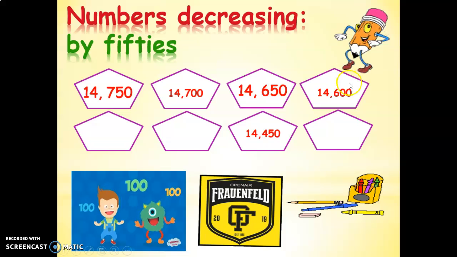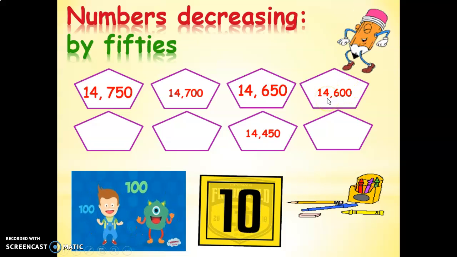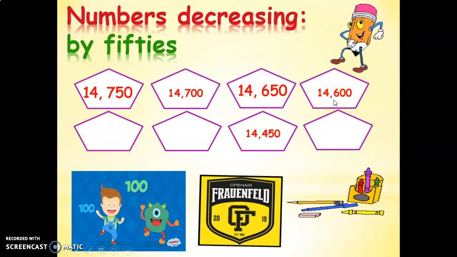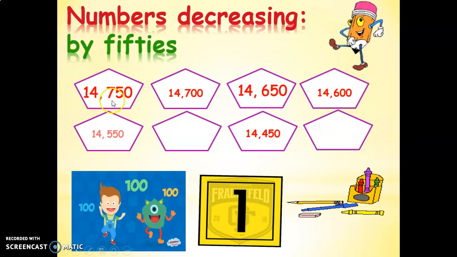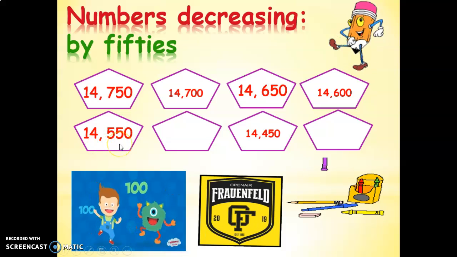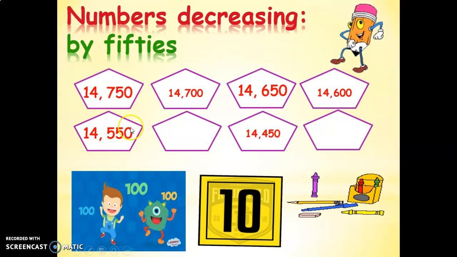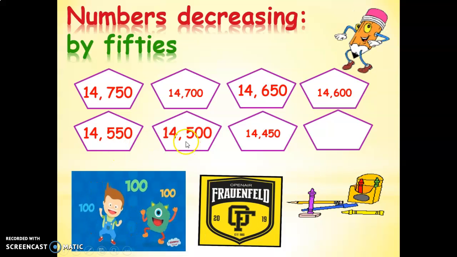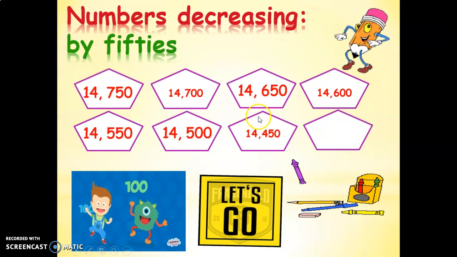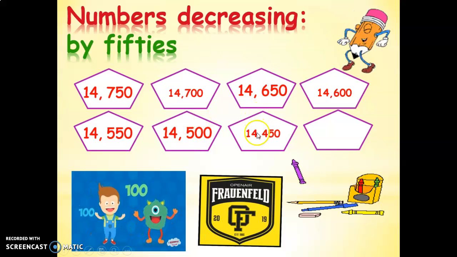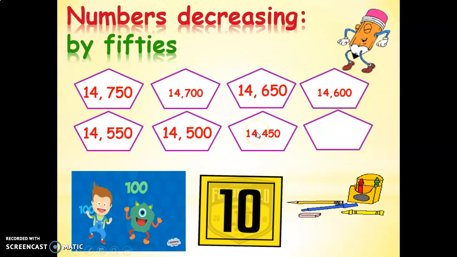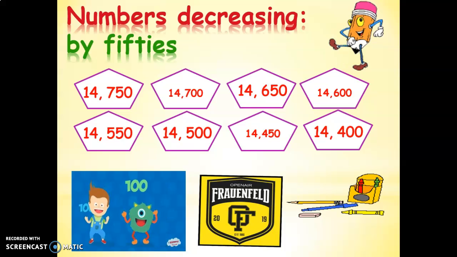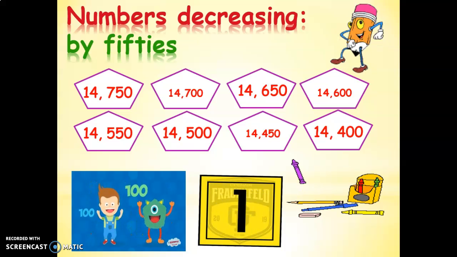Decreased by 50s again gives us 14,600. Again, this number decreased by 50s will be 14,550. Minus 50 will be 14,500. The next number is now 14,450. And the last number for numbers decreasing by 50s is 14,400.